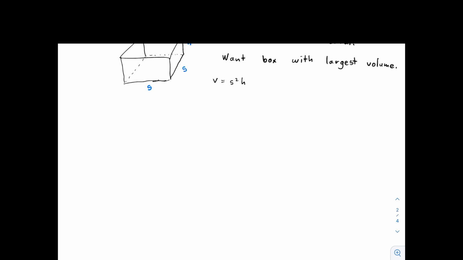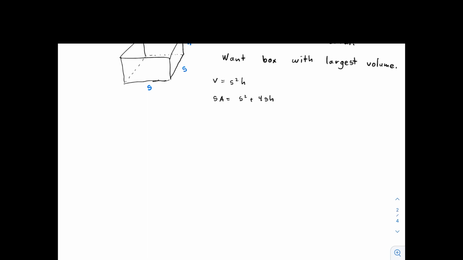We also know that the surface area, as it's being described in this particular scenario, is s squared plus 4sh.